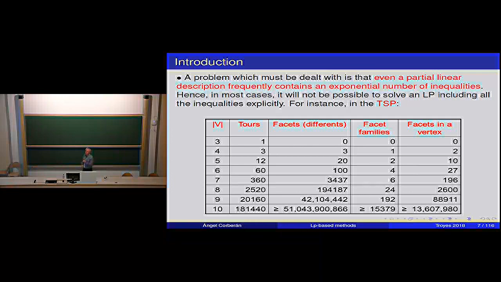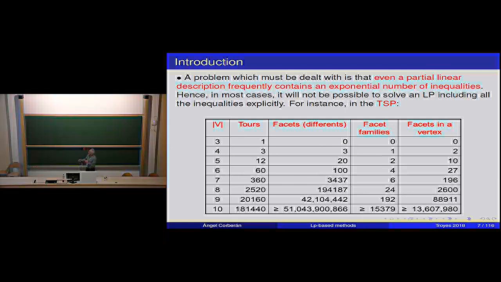However, a problem we have to deal with is that even a partial description of the convex hull used to have an exponential number of inequalities that of course cannot be fully added to our problem.